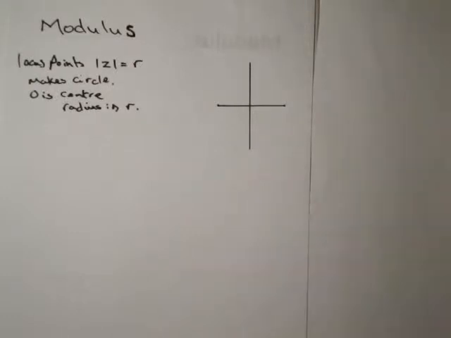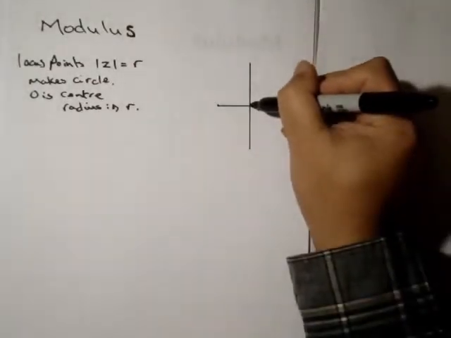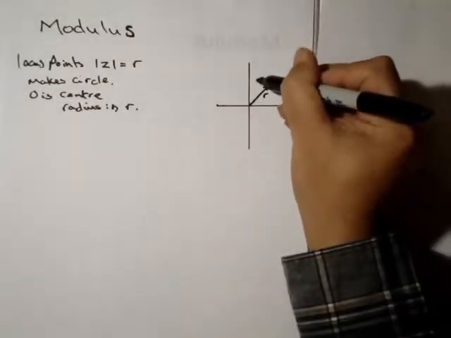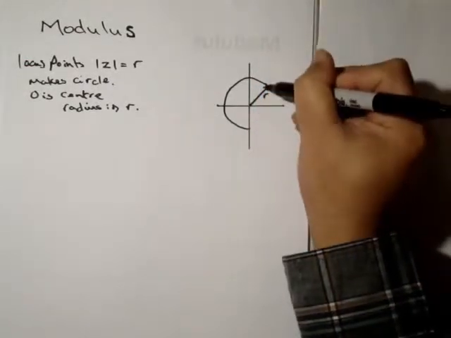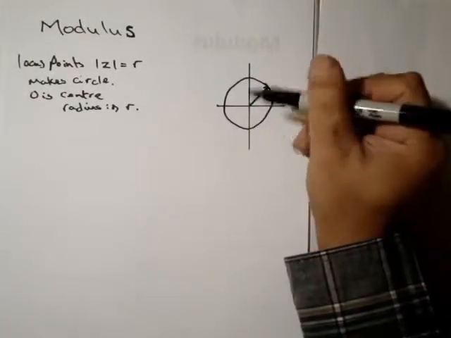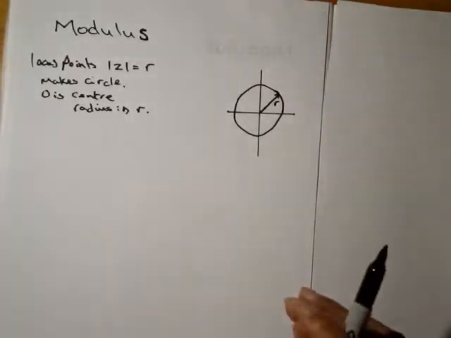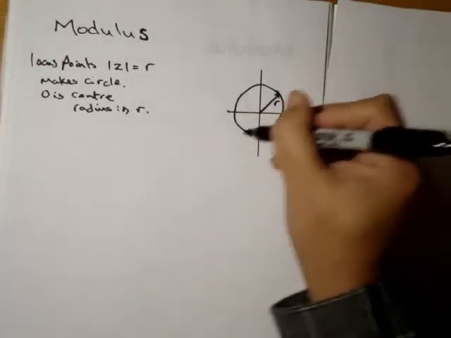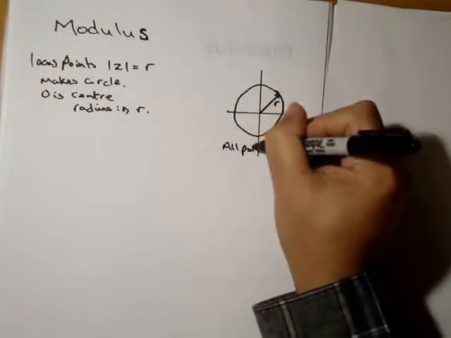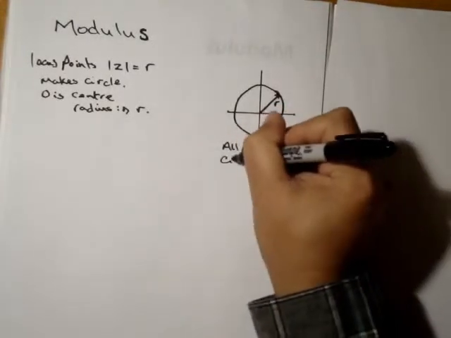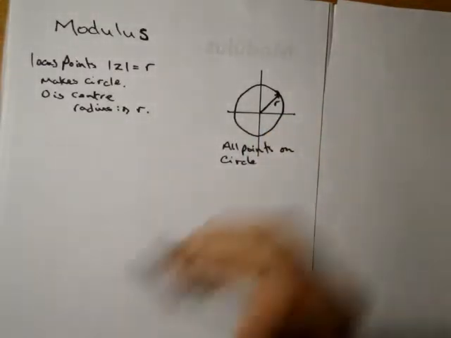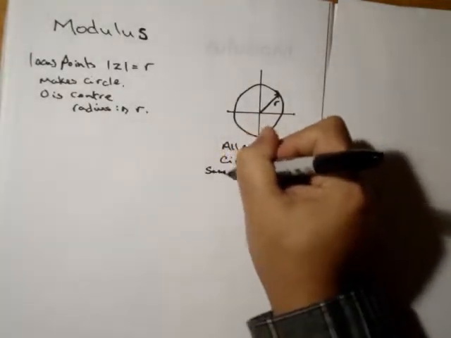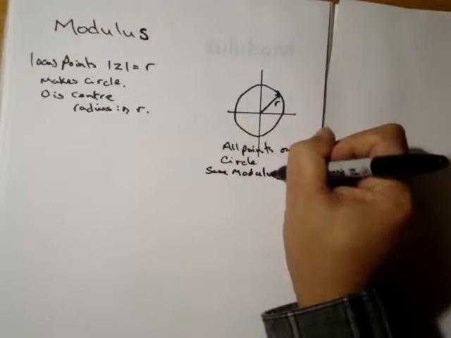So if we plot this on our Argand diagram, with this as our r, and then we plot the locus, or the points this makes around the quadrants, it goes like that. So all the points on the circle have the same modulus, or the same size.